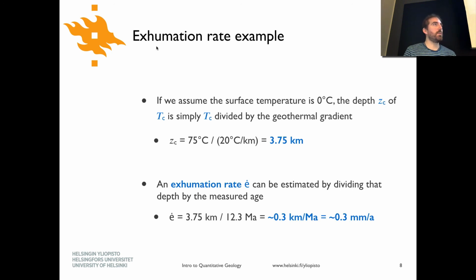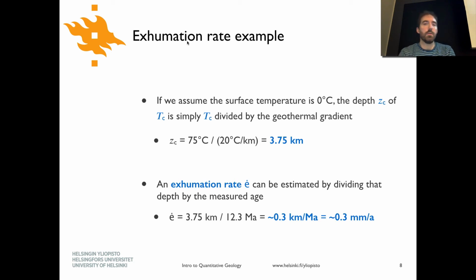I think everybody was with me up until this point of calculating this exhumation rate. When we assume that the temperature increased linearly with depth, we found out how deep is the closure temperature, and then we just said, okay, if we know it's that deep, then we can just divide by the age, and that gives us the exhumation rate. I think everybody seemed to be following that part.